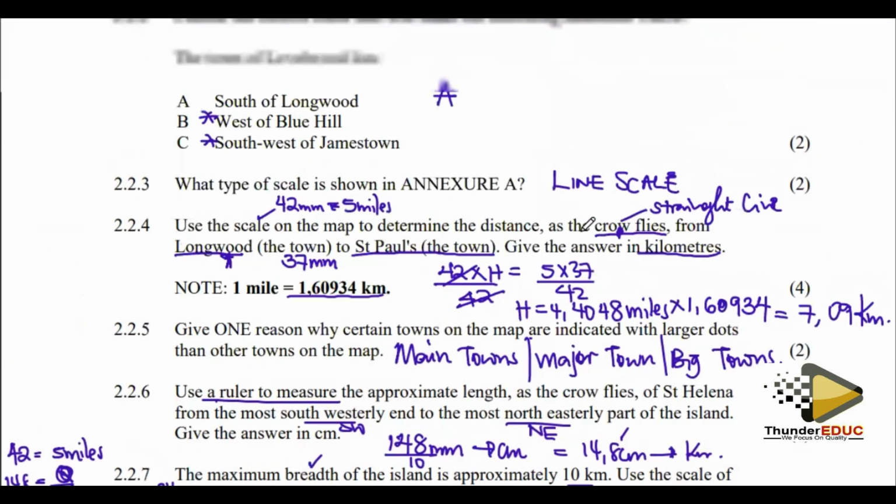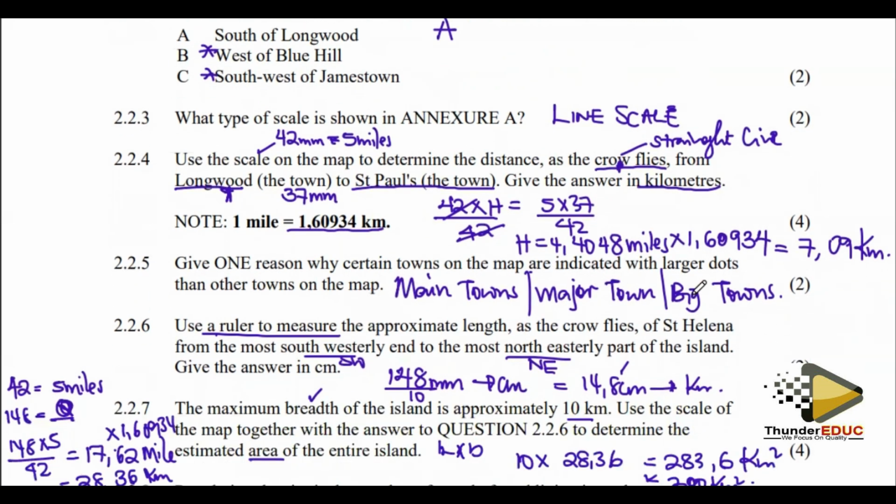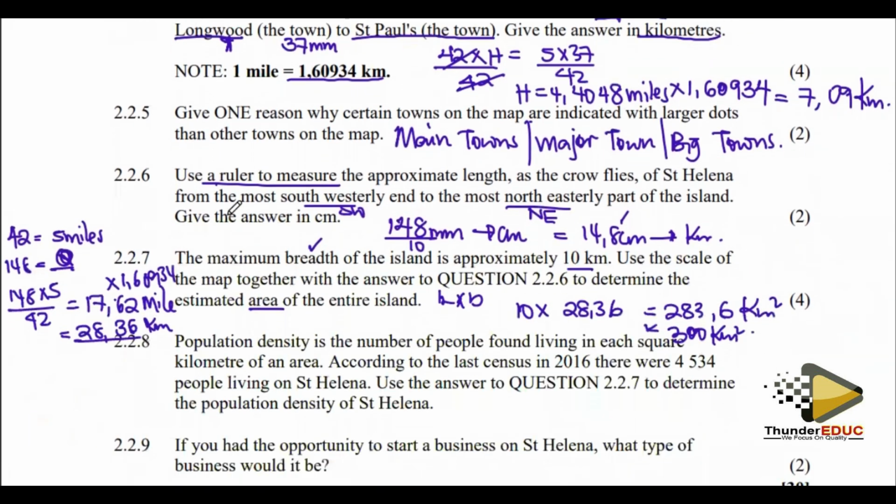From question number 2.2.4, here, don't leave any question unanswered. Why? Your answer is right according to your measurement. You used a different ruler. So from here, you're supposed to get full marks, 4 marks. Here, reasoning, full marks. You understand? Because they told you to measure, and we are not there to measure with you.